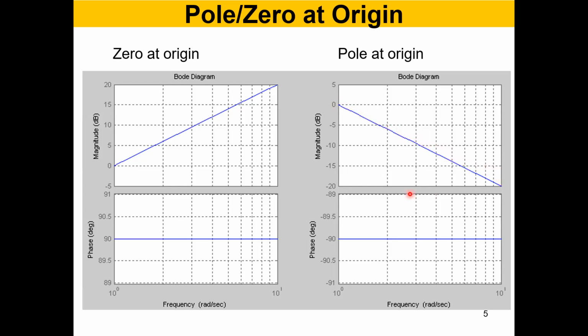So magnitude drops, to minus 15 dB over here. So you can see the 0 amplifies the signal, the pole attenuates the signal. This is the effect of a pole or a 0 at the origin.